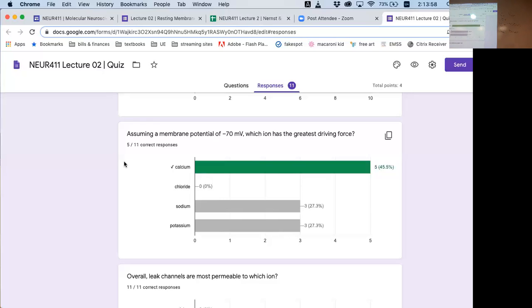Subtract something from itself, you get 0. There's no driving force. So let's say we open up some potassium channels. Is potassium going to move across the membrane? Yes, it is. I was trying to trip you up a little bit right there. Don't think that just because you don't have a driving force that there's no movement of ions.